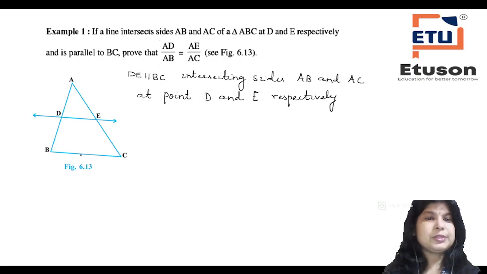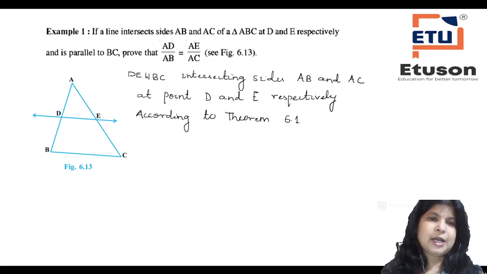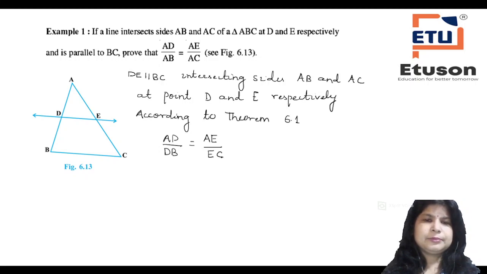So according to your theorem 6.1, as DE is parallel to BC intersecting at D and E, you will get AD by DB is equal to AE by EC. Right?